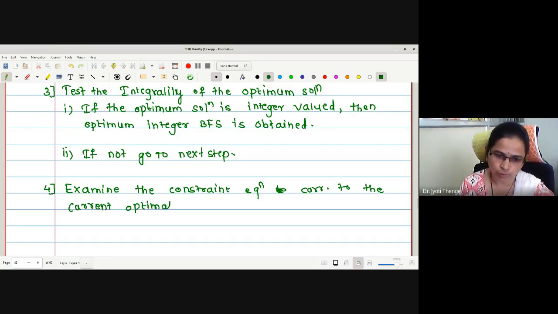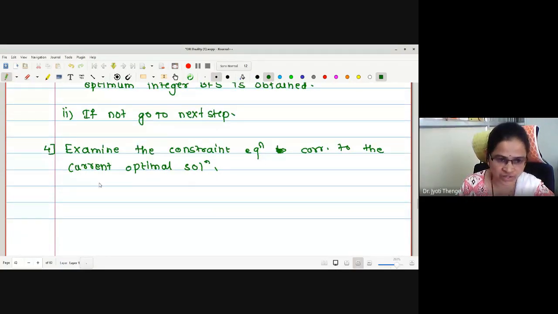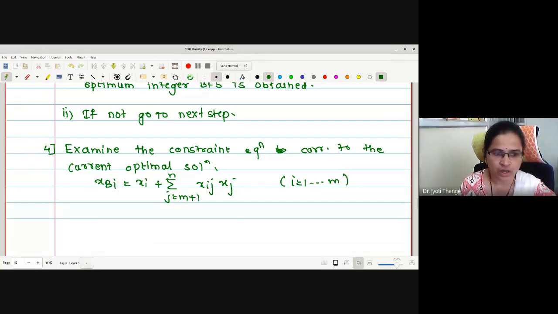Let me write this constraint as x_Bi equals beta_i plus summation j equals m plus 1 to n of alpha_ij x_j, for i equals 1 to m. Now what we will do?